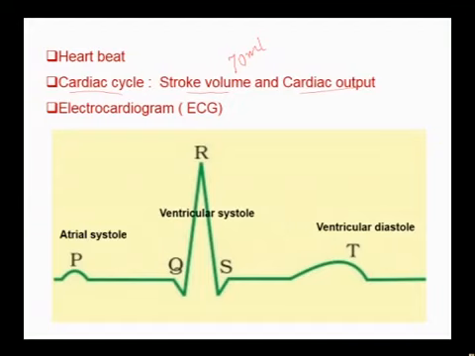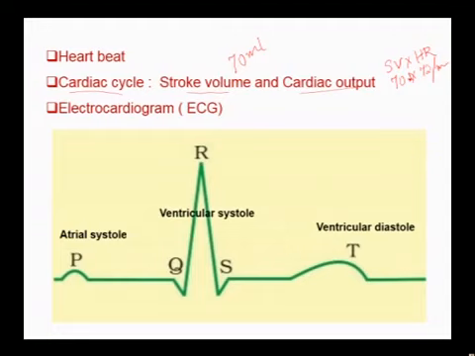Cardiac output is the volume of the blood that is pumped out of the ventricle per minute. So, it is nothing but stroke volume into heartbeat rate. Stroke volume is 70 ml and heartbeat rate is 72 to 75 times per minute. So, it comes around 5 liters of the blood that is being pumped out.